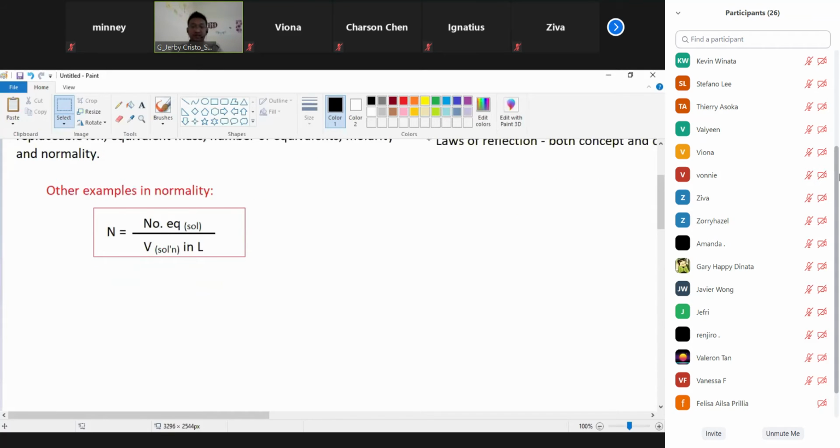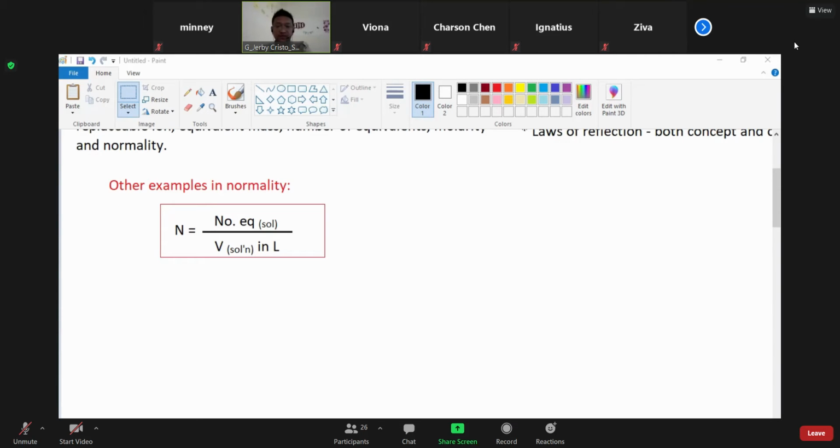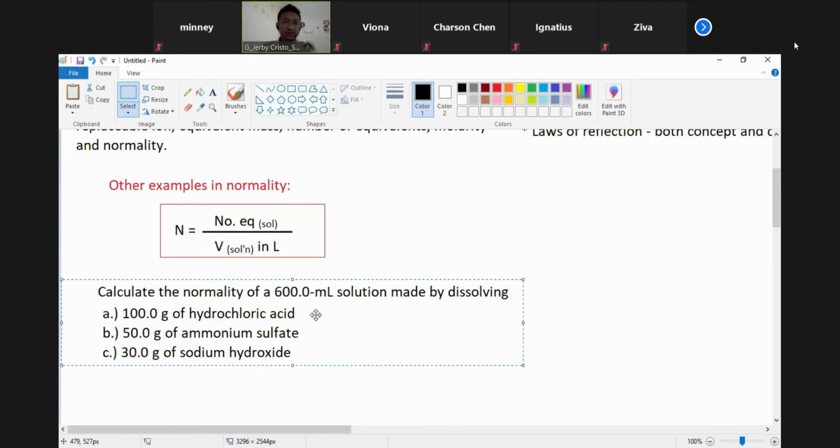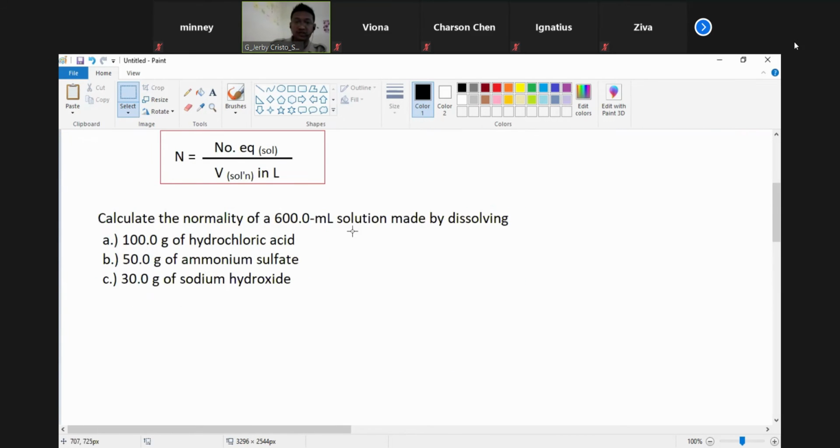Now let us have this example. Let's say we are asked to calculate the normality of a 600 ml solution made by dissolving letter A, 100 grams of hydrochloric acid, B, 50 grams of ammonium sulfate, and C, 30 grams of sodium hydroxide.